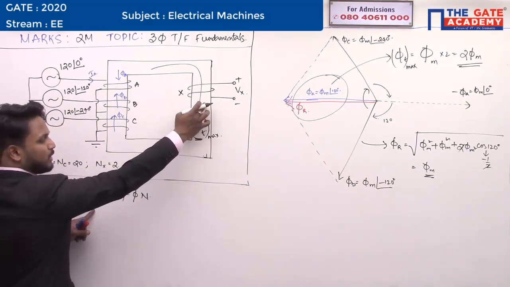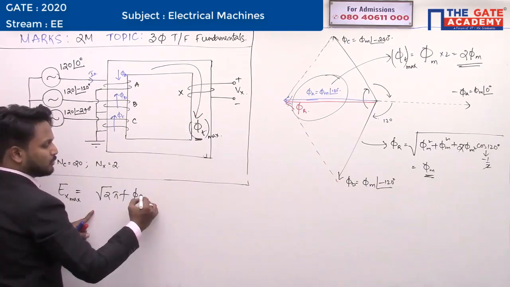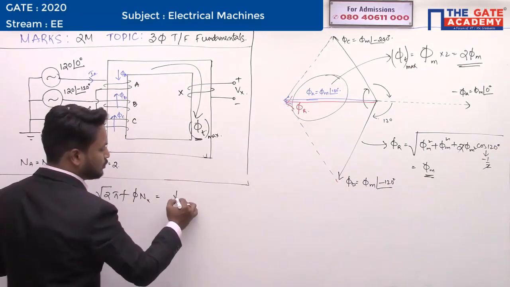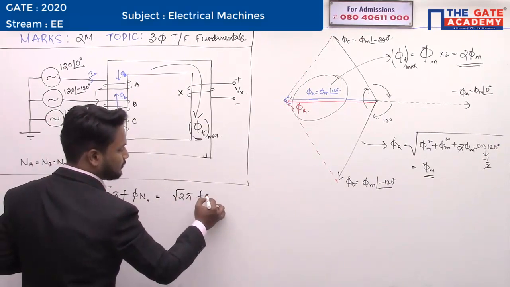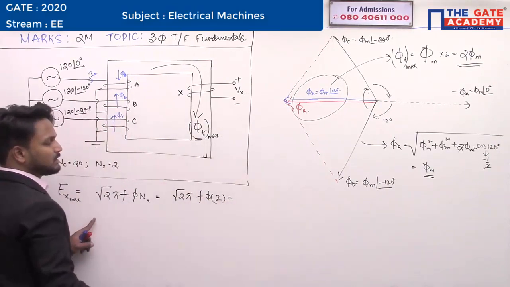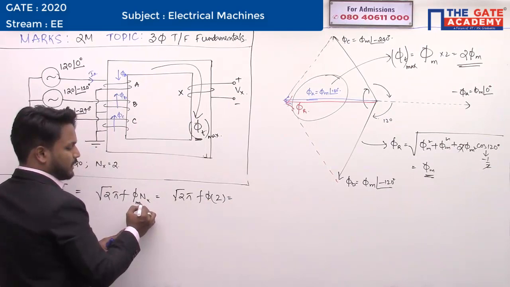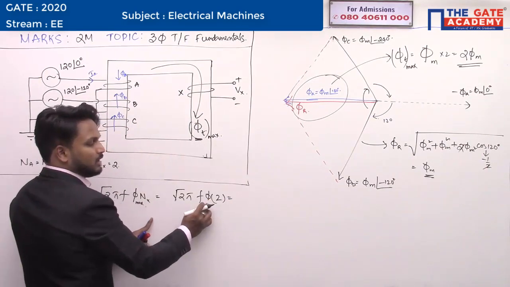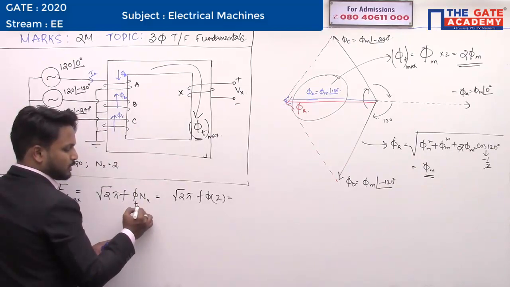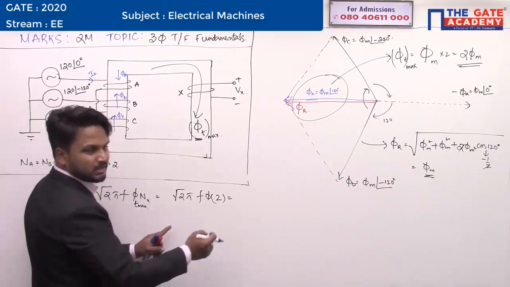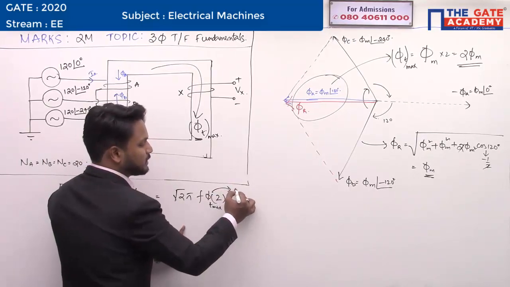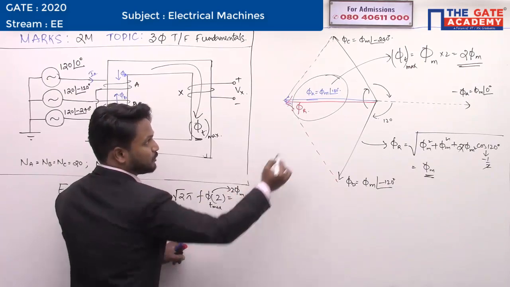What is n in this winding? N in this winding is 2. Nx, let us say. So I'll write this in the next step, that is root 2 pi f phi n, with n as 2. This is equal to how much? This is phi max, and I should write phi total max, just a play of representation. So phi total max is equal to 2 times phi max, as you have derived.